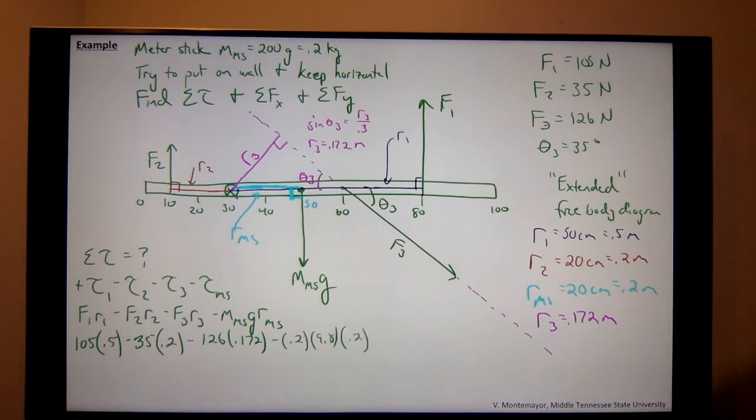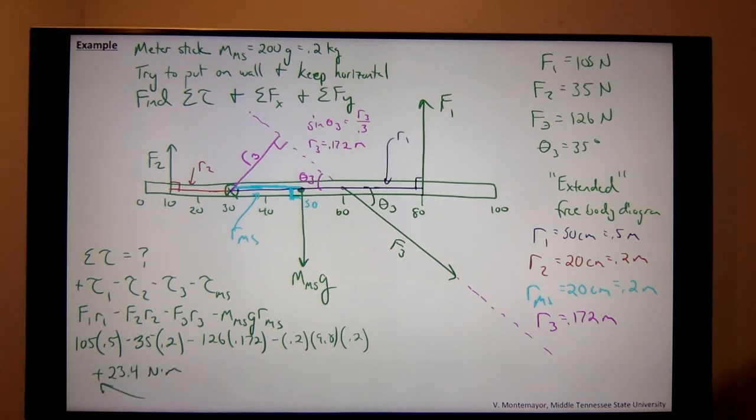And you can add all of that up and see what you get. Let's see, which sign convention did we use here? I believe it's going to come out to be positive 23.4 Newton meters.